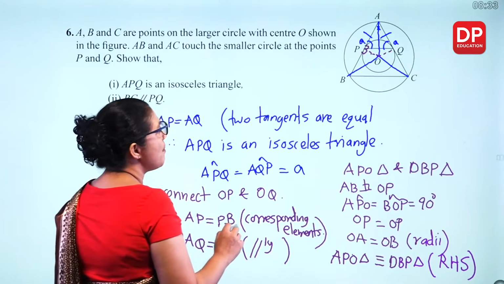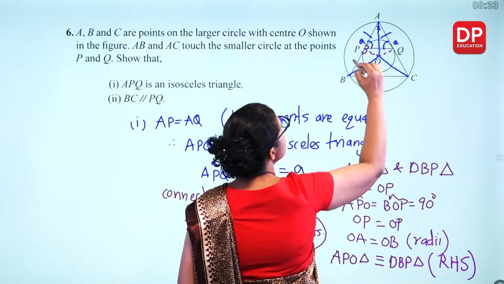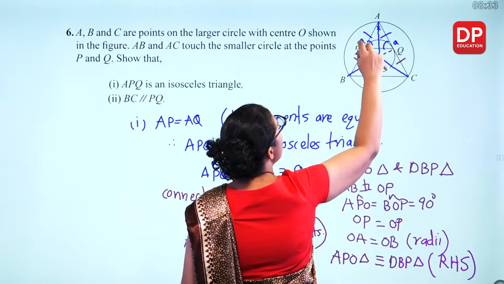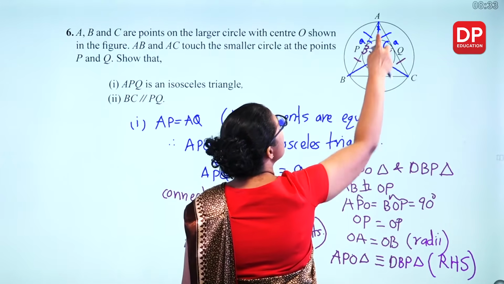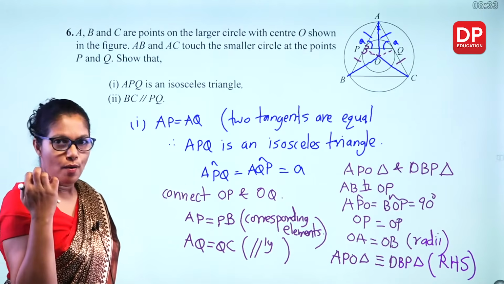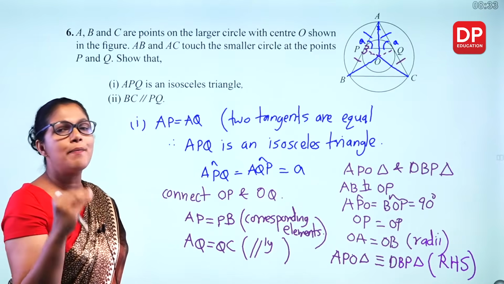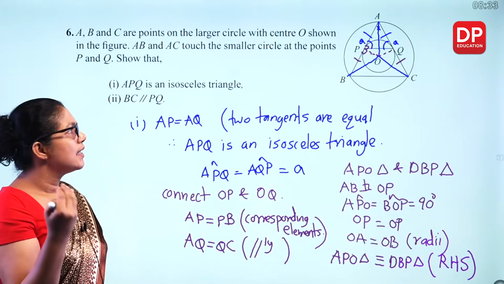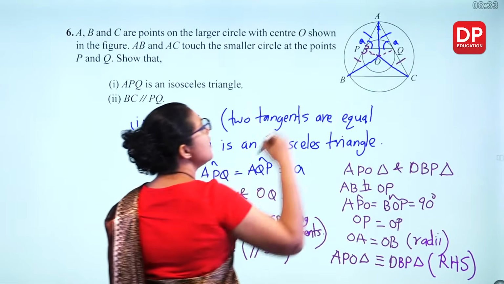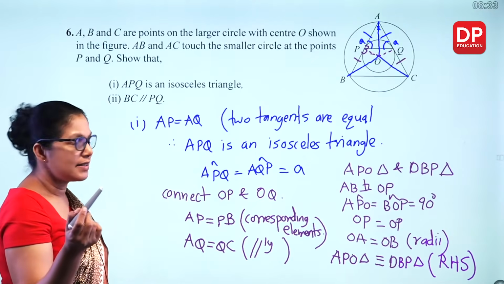Now what can you say about this? This is equal to this. This is equal to this. P is the midpoint of AB. Q is the midpoint of AC. Line joining the two midpoints is parallel to the third side of the triangle.